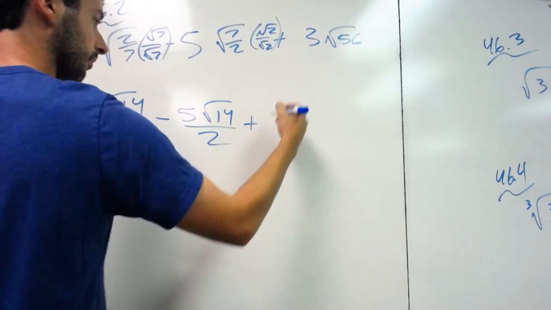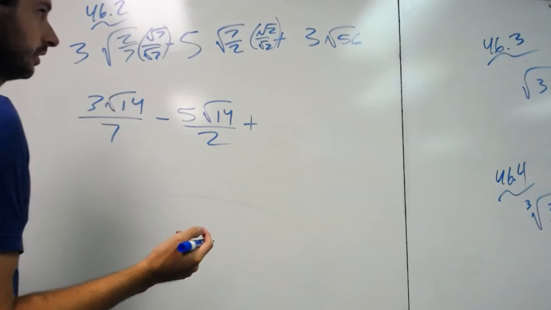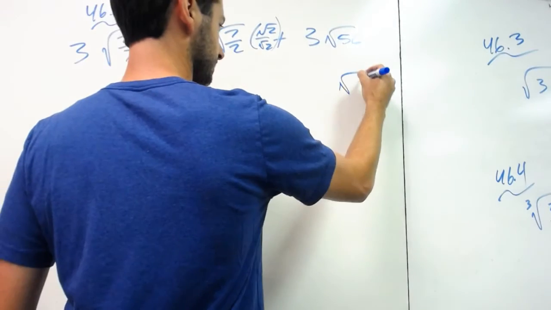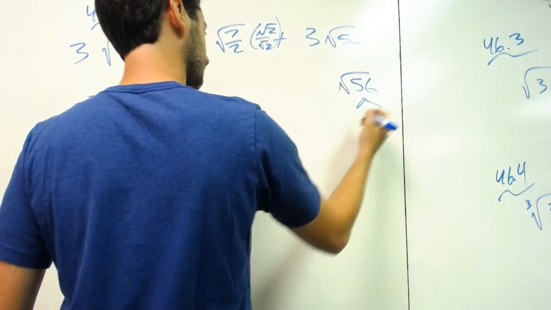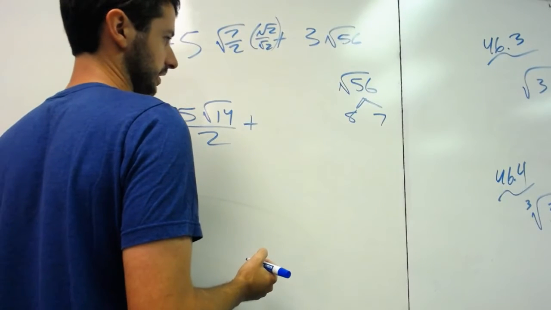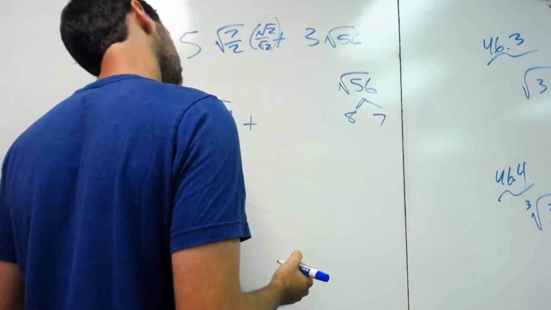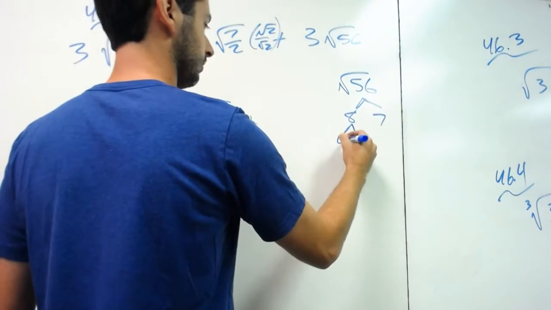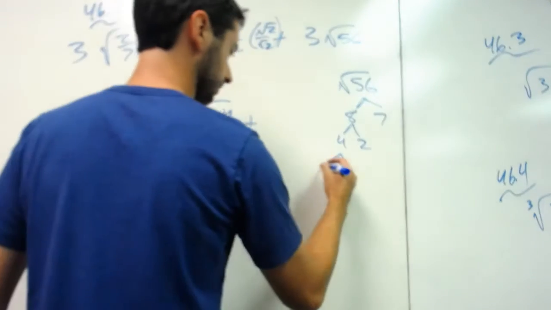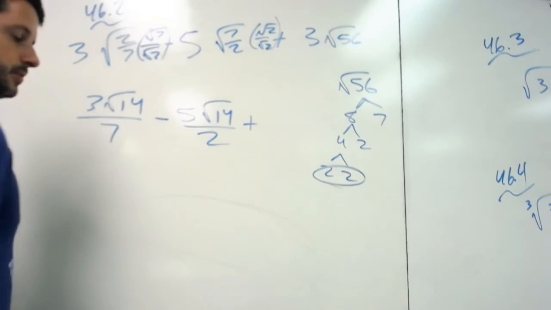Now we have a plus 3 with the radical 56. Well, let's do radical 56 family tree right here. We got 8 and 7. I think that's 56. 8 and 7. We have 4 and 2. And 2 and 2. So we have one set of 2's we can take out.